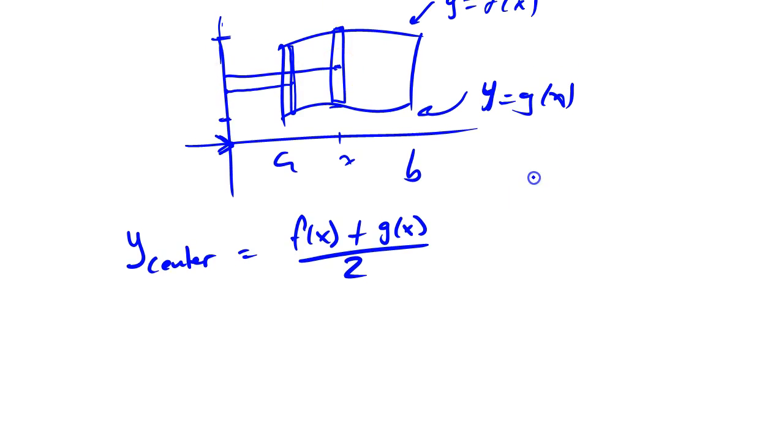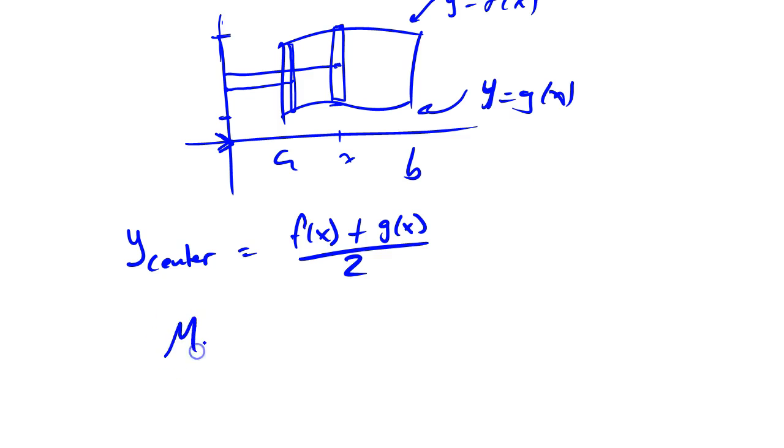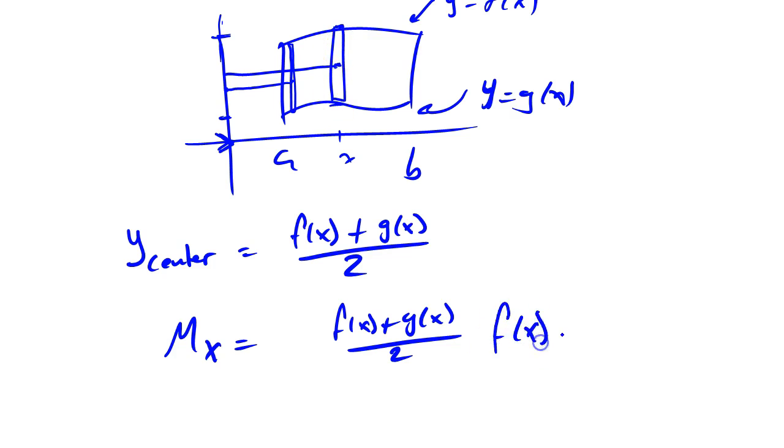So now, what we're going to call mx, or the moment away from the x-axis, is going to be this distance, f of x plus g of x divided by 2, times however much weight or mass or whatever is right there. Well, the area is f of x minus g of x.